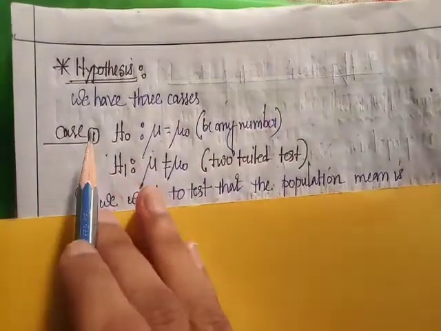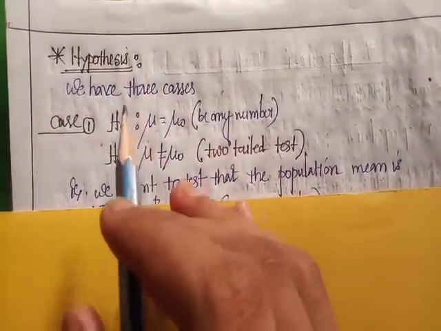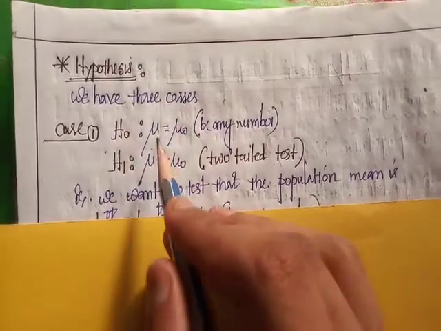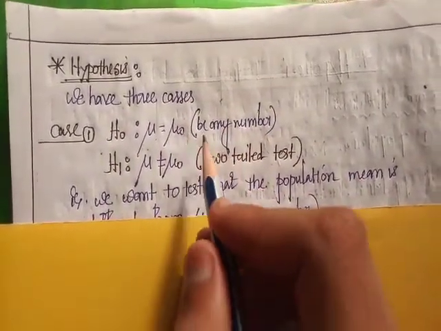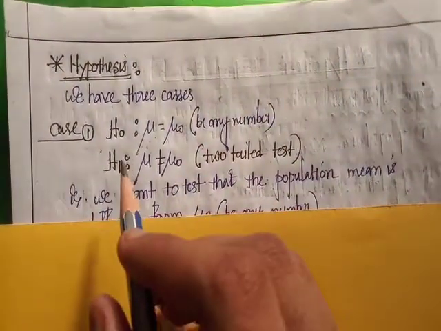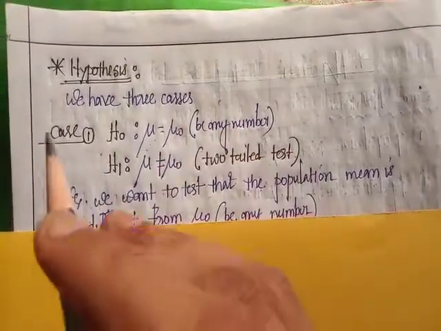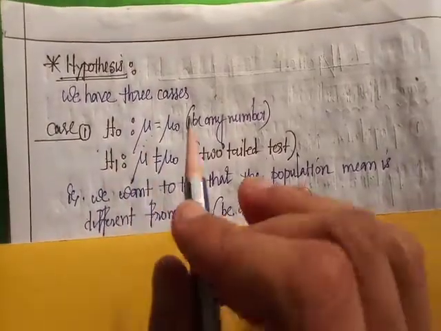First case, let the null hypothesis be mu equal to mu naught, where mu is the population mean. The alternative hypothesis is the complement of the null hypothesis, so it is mu not equal to mu naught.